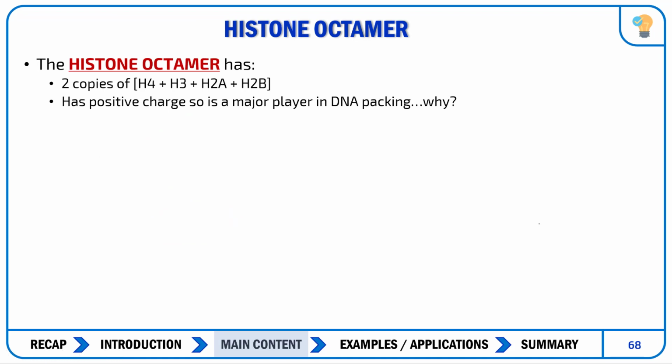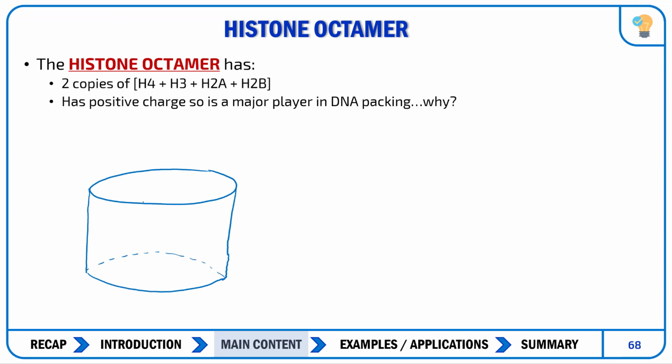Let's first take a look at the histone octamer. We are starting our studies of DNA electrostatics, so starting with the histone octamer, let's first draw a diagram of what it looks like. We're just going to assume this is the octamer.